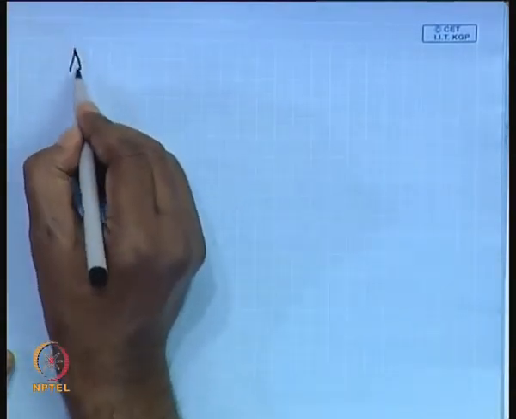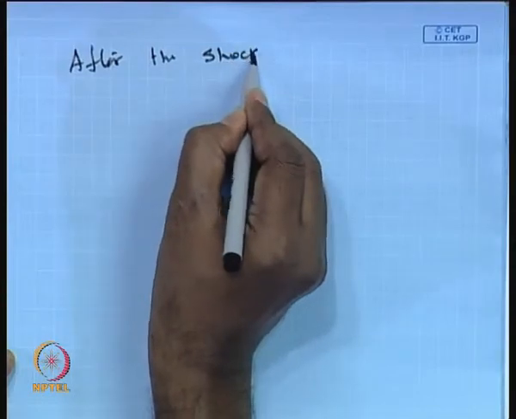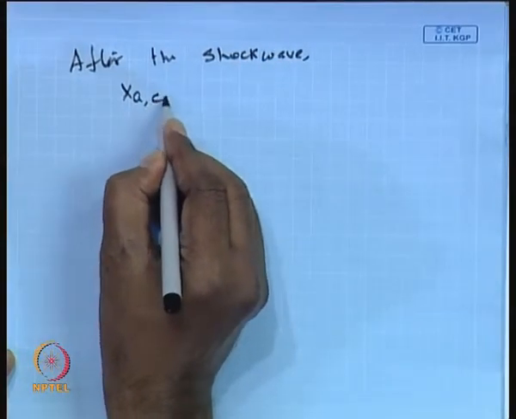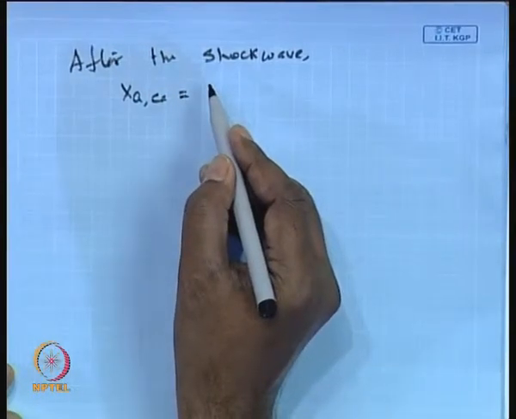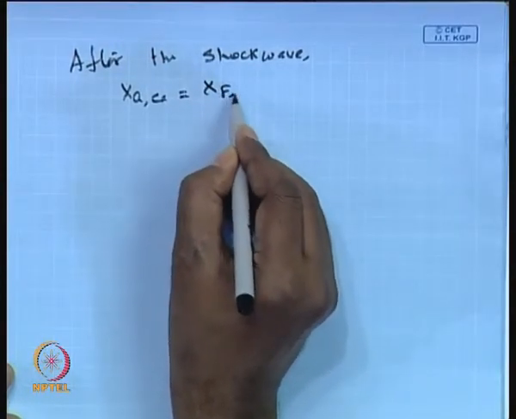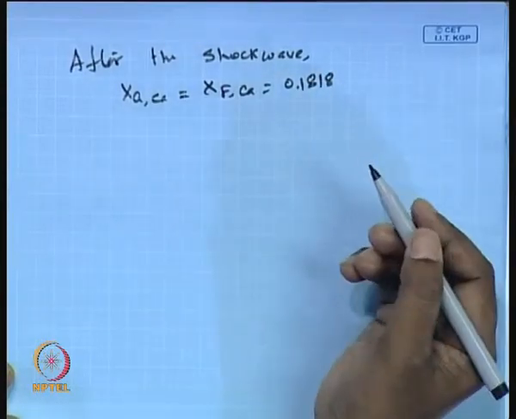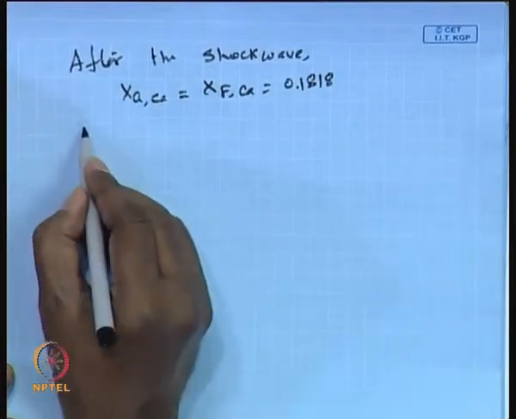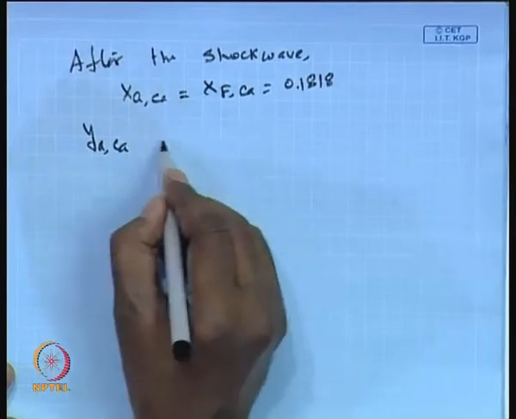After the shock wave, Xa Ca, the constant mole fraction of calcium, will be same as that of the feed concentration. So, it will be same as Xf Ca, that is 0.1818. That means, after the shock wave you should get the same feed concentration that was going into the system, and Ya Ca is therefore calculated from the equilibrium relation.